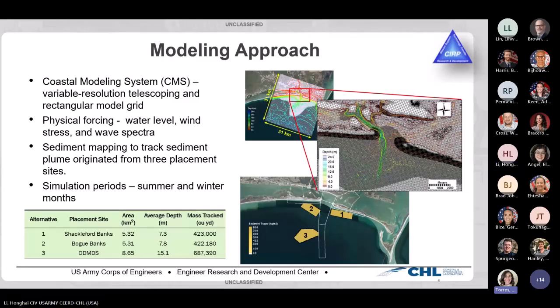The area size is also a little bit bigger for the offshore site. The material we placed is around 500,000 cubic yards.